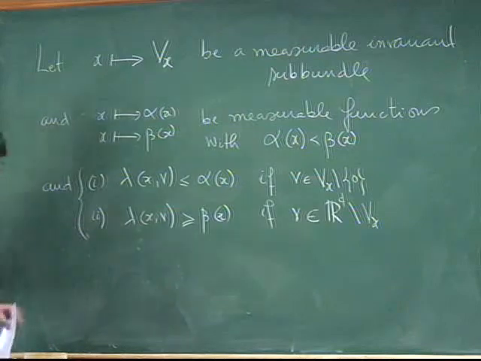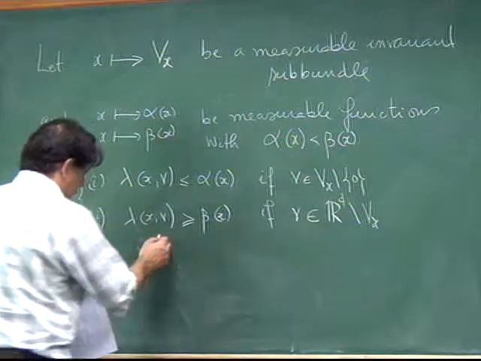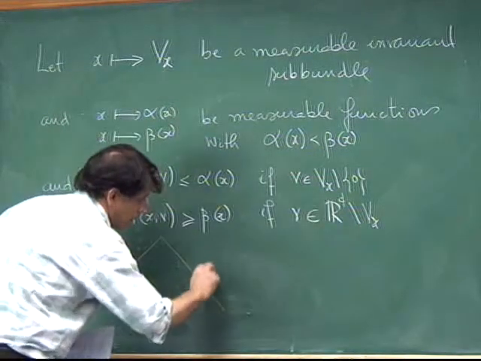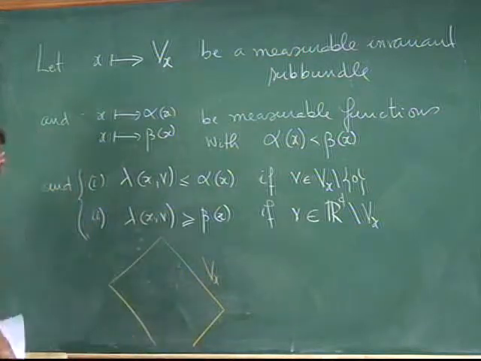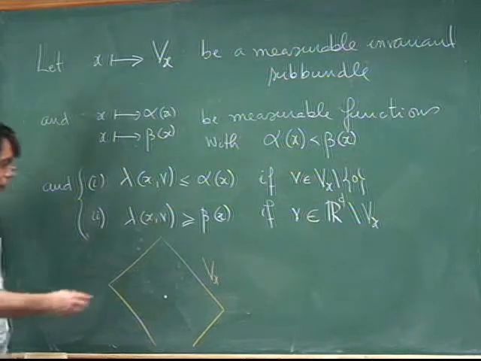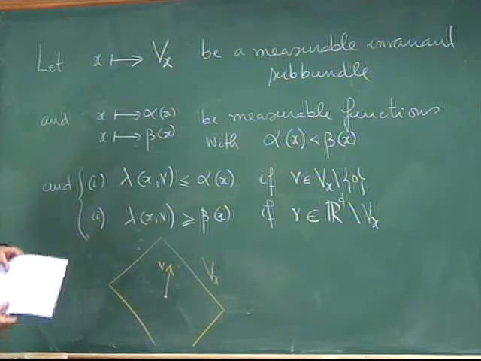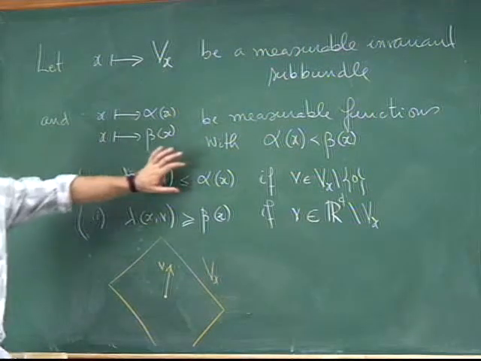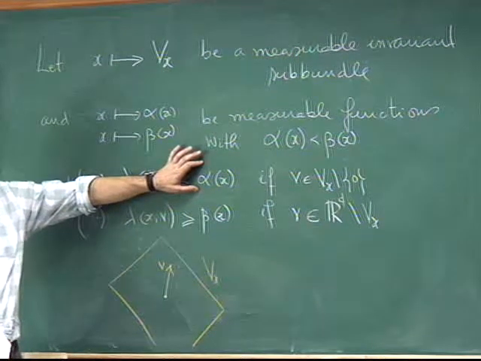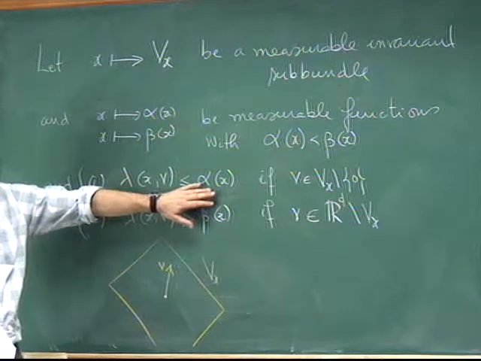Okay. So the situation that we want to consider now is that we have some invariant subbundle Vx, and we have two different types of behavior. If a vector is contained in Vx, then it grows very slowly. It grows not faster than alpha. So any vector that is in Vx grows at a rate that is bounded above by some small function.